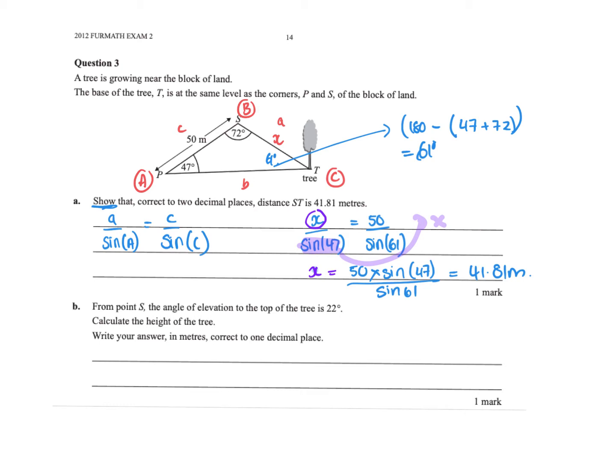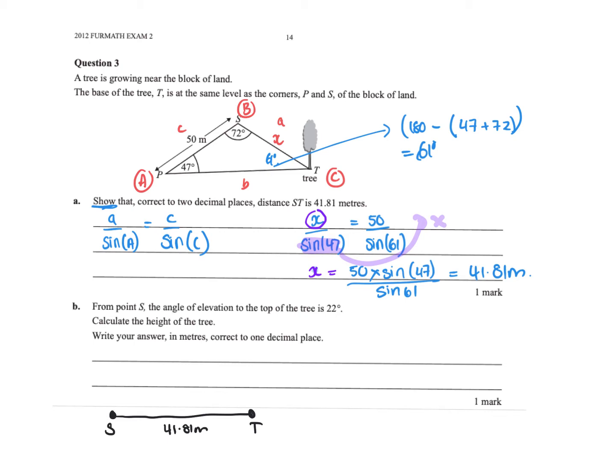Okay, from the point S, the angle of elevation to the top of the tree. So this is why I've done this. What you've got to think about is that you've got S along the ground, and then you've got the bottom of the tree along the ground as well. And they just asked you to prove that was 41.81 meters, so we'll do that.